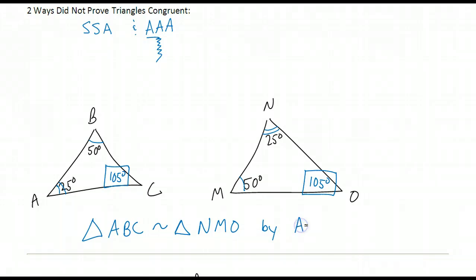We're just going to call it the angle-angle similarity postulate. To prove 2 triangles similar, I need to have 2 pairs of corresponding angles congruent. And if I have 2 pairs of corresponding angles congruent, that third pair will automatically be congruent.